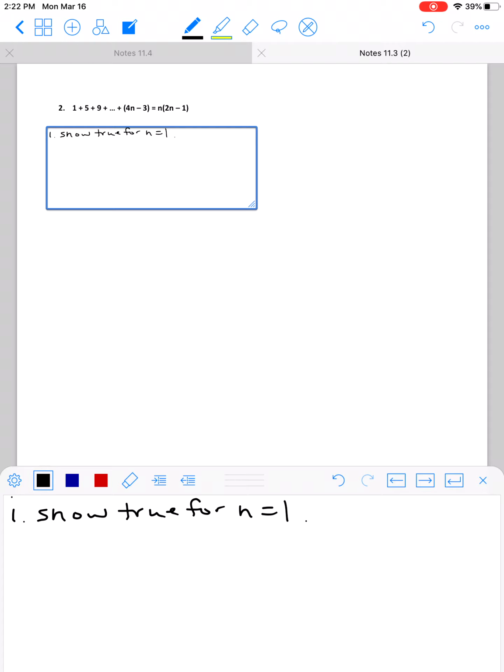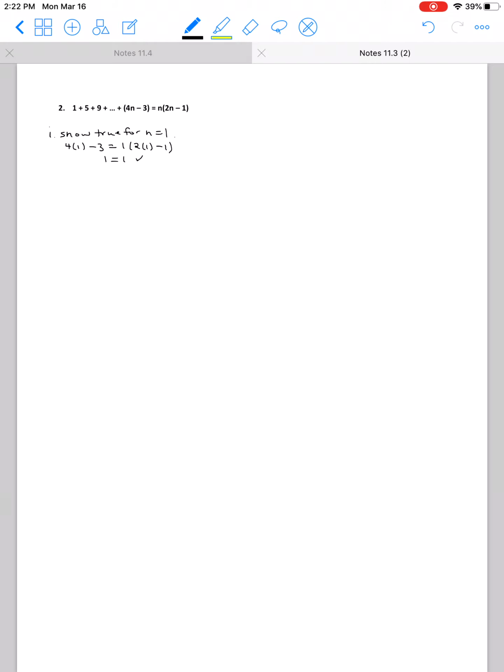Okay, so take your formula, 4 times 1 minus 3 equals 1 times 2 times 1 minus 1, and we end up with 1 equals 1, and the first step is good.